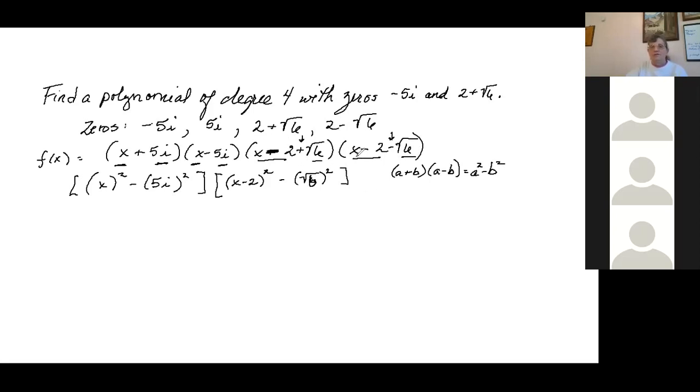X minus 2 plus and minus square root of 6 multiplies out to x minus 2 squared and minus square root of 6 squared. So over here, I've got x squared minus 25i squared. I have to square both of these.